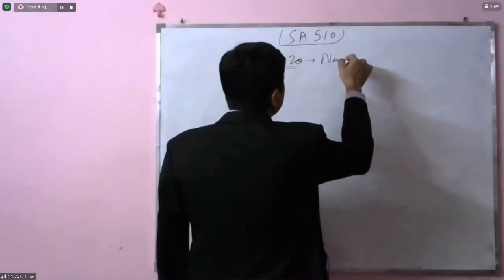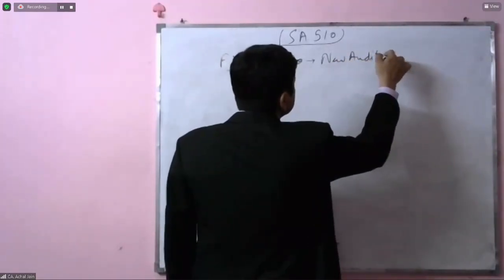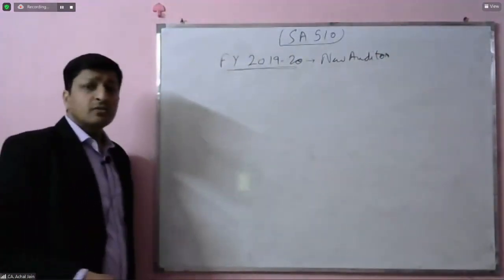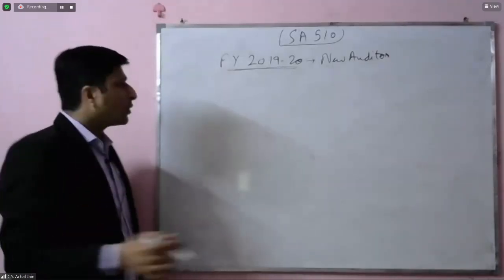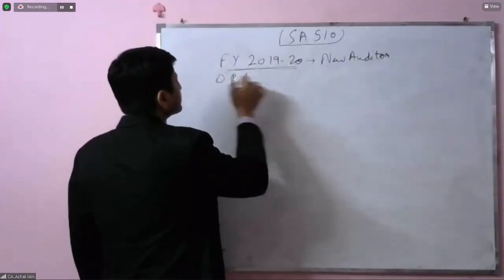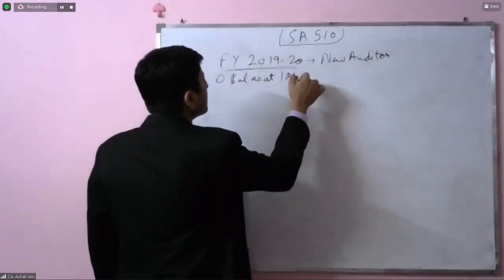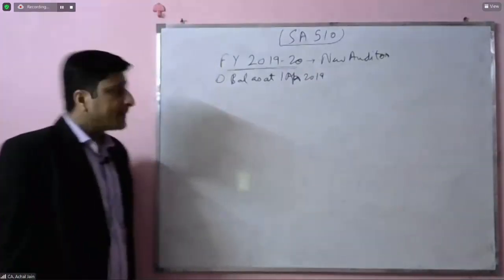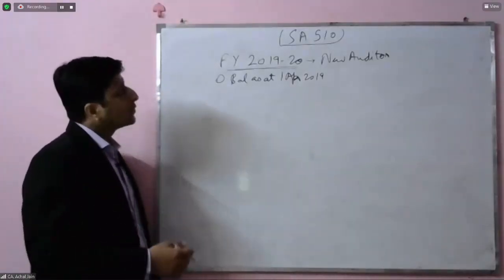So there is a new auditor over here. Okay. And this new auditor wants to perform certain procedures on the opening balances as at 1st April 2019. Yeah. So this is what the new auditor wants to do.